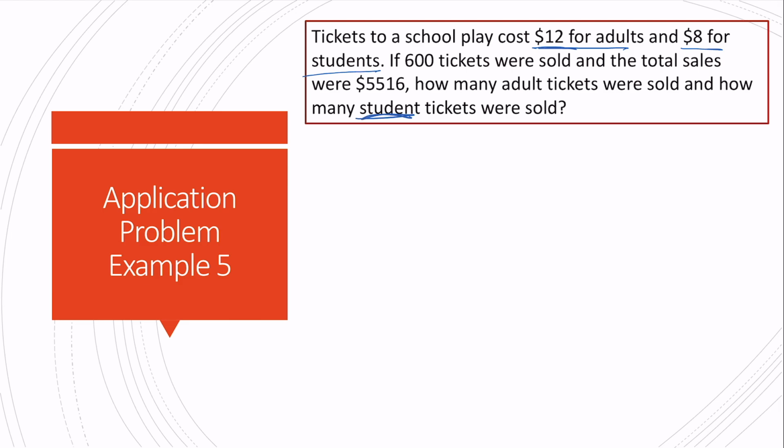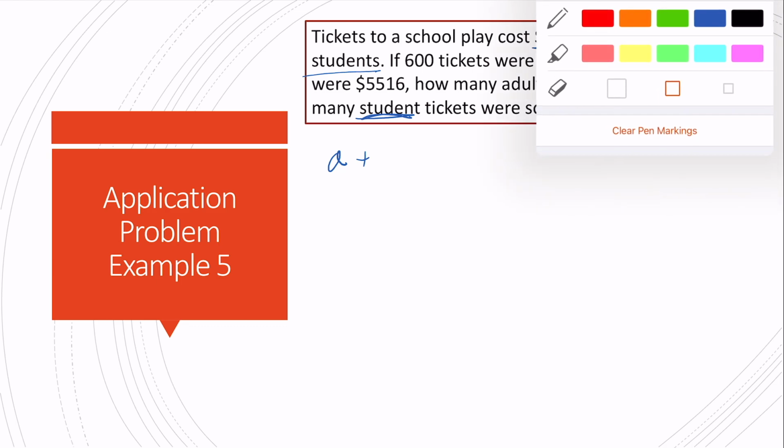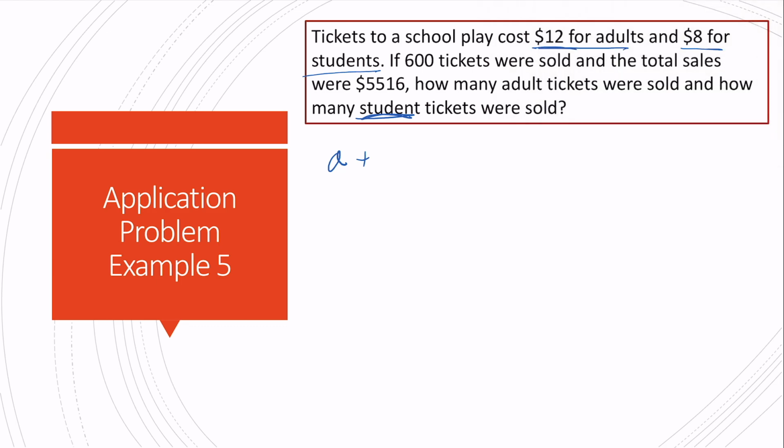I'm going to use A for adult and S for students. Actually, I don't like using S as a variable because it looks too much like a 5. So why don't we use C for children? I know not all students are children, but it's what we're going to use in this case. So A is for my adult tickets and C is for my student tickets.